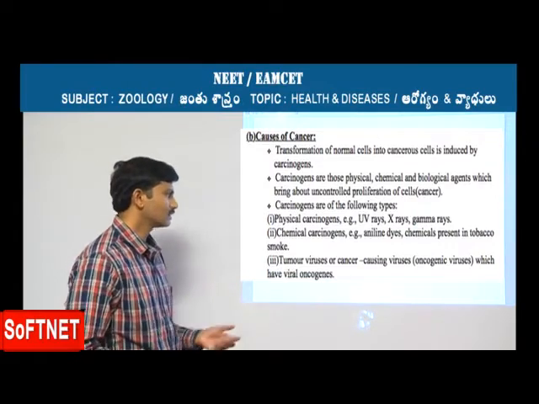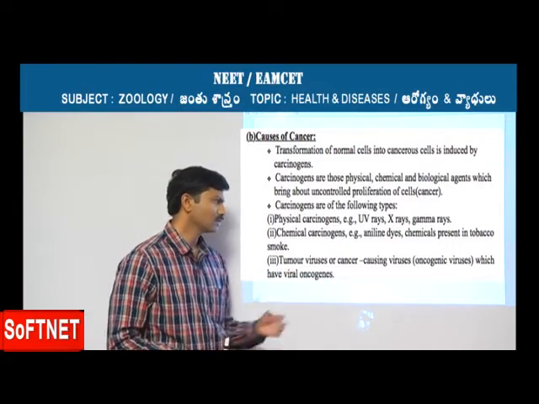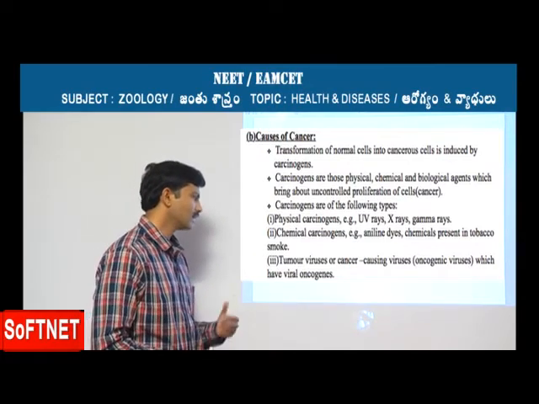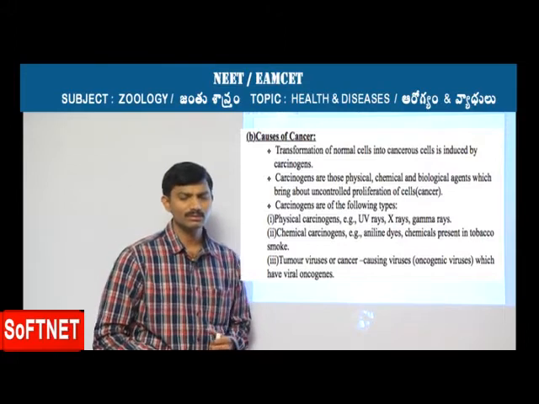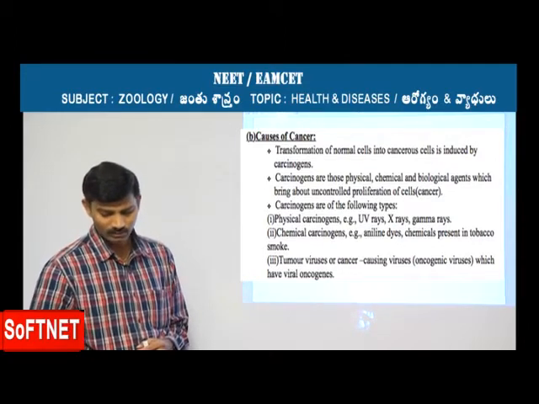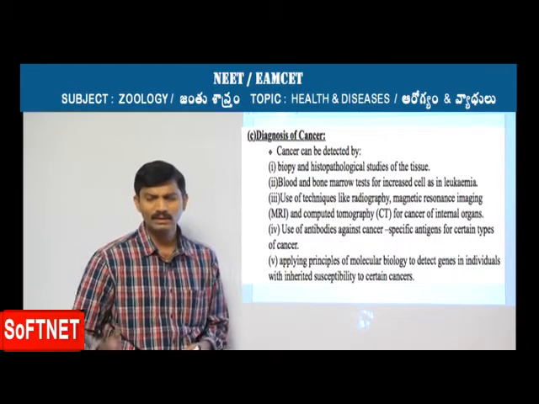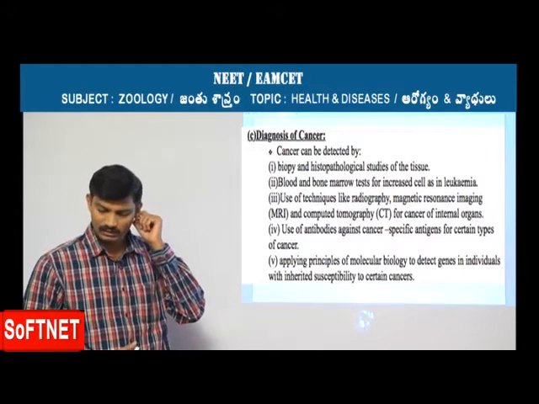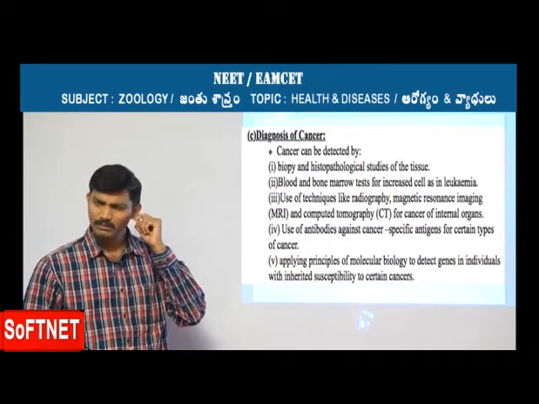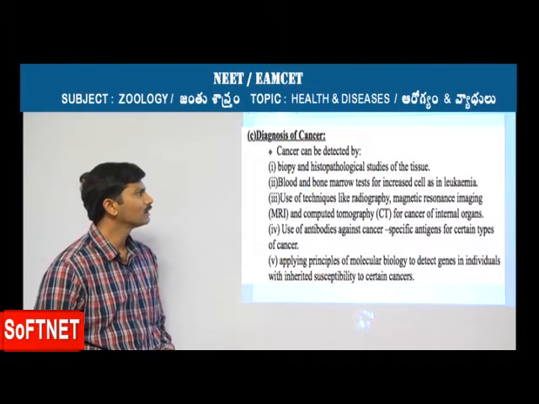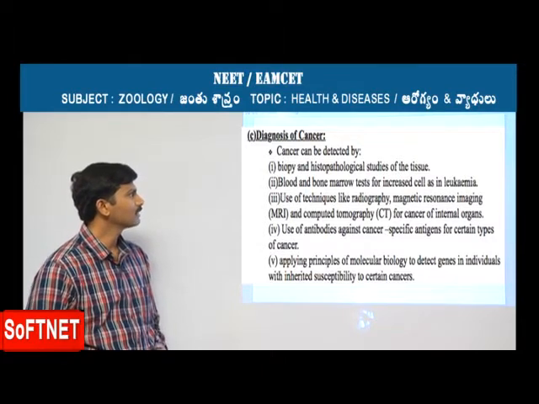These carcinogens are of the following types: physical carcinogens, such as UV rays, X-rays and gamma rays; and chemical carcinogens, such as aniline dyes and chemicals present in tobacco smoke. Tobacco smoke consists of benzopyrene and similar substances, and various heavy metals such as chromium, nickel, arsenic and polonium are also present in tobacco. All are responsible for causing cancers.